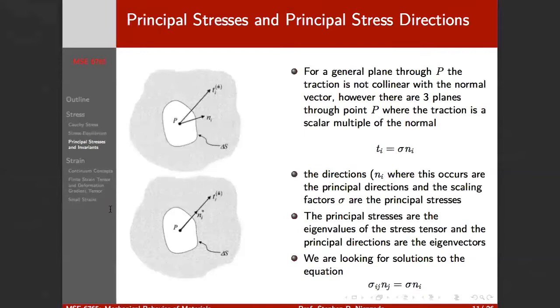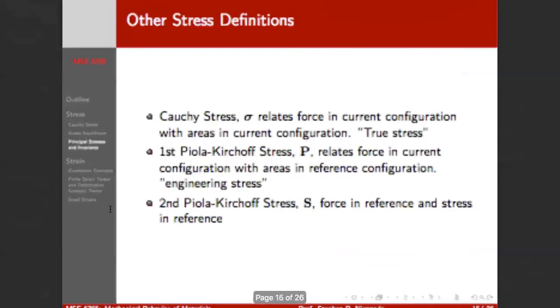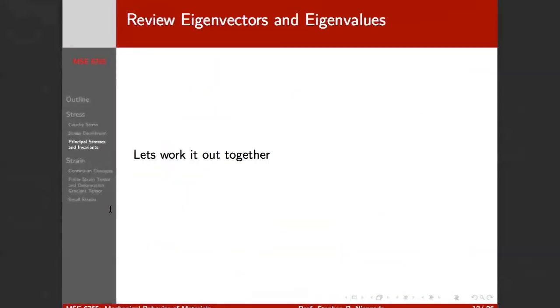The eigenvectors are the vectors that don't change angle in this transformation. The eigenvalues are the value by how much our eigenvector is stretched. I think I've got just enough time to work through this.